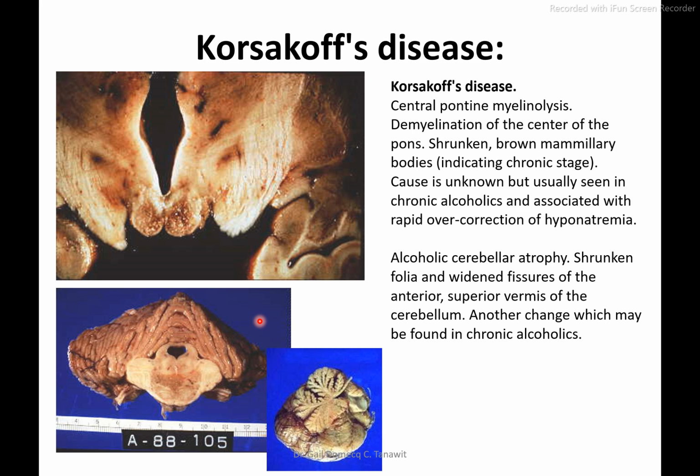The cause is unknown but usually seen in chronic alcoholics and associated with rapid overcorrection of the hyponatremia. Alcoholic cerebellar atrophy can also be seen. Okay, there can be a shrunken folia and widened fissures of the anterior superior vermis of the cerebellum, and other changes which may be found in a chronic alcoholic.